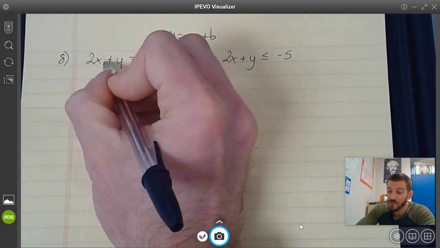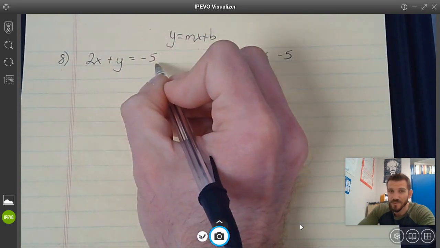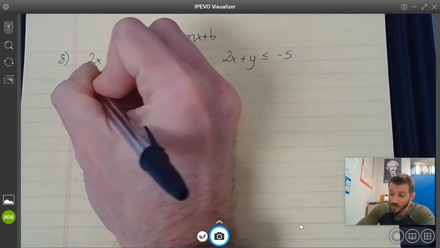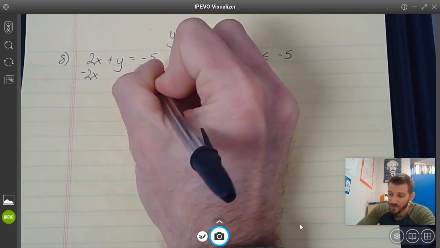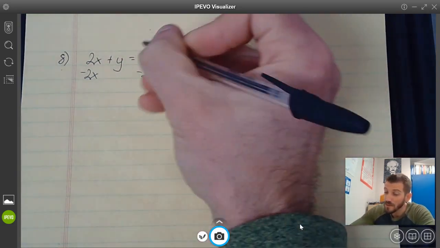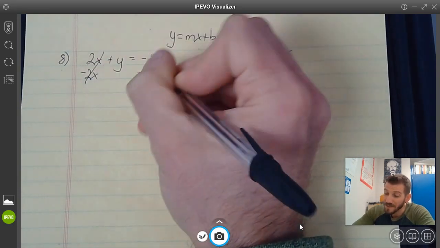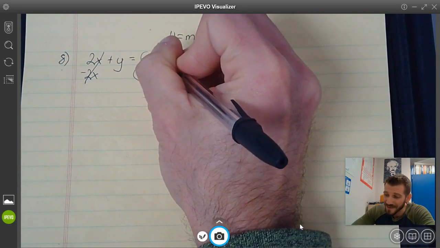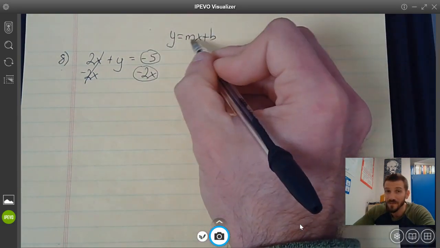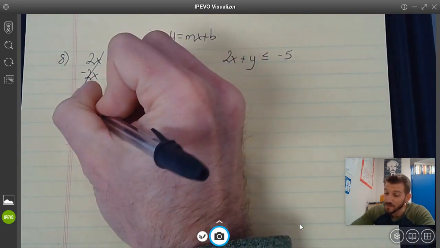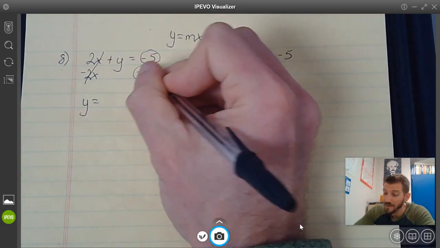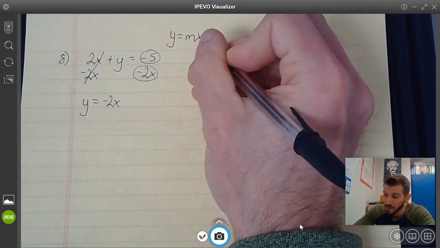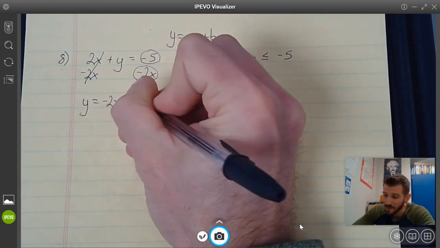So I can take this 2x and move it to the other side. How do you get rid of positive 2x? Well, I subtract 2x from both sides. And remember, these are two separate things. You cannot combine them together, but you can write them in this order, such as y equals mx, that would be -2x, plus b would be -5.